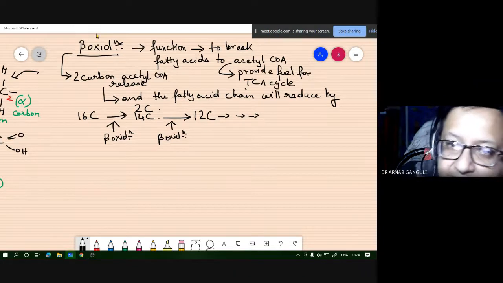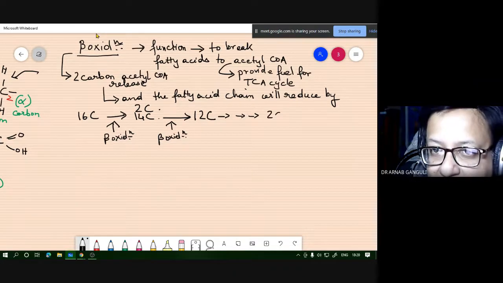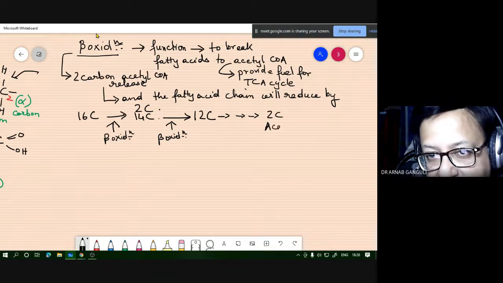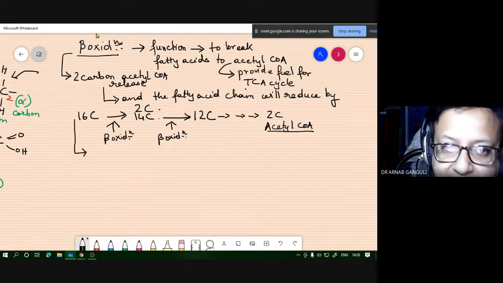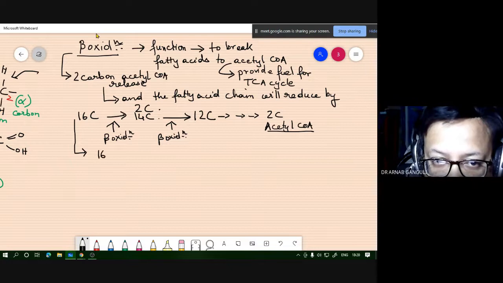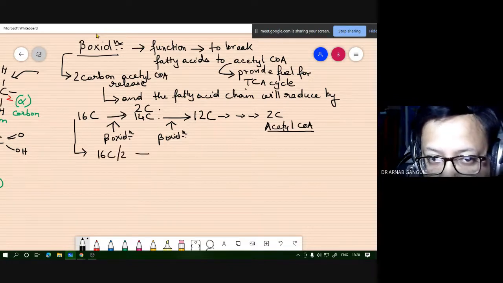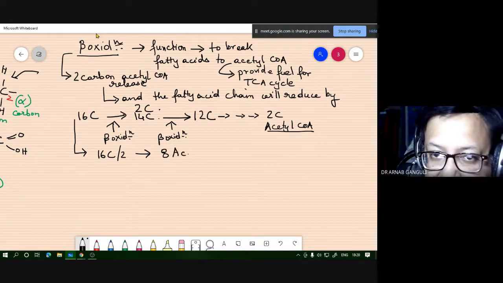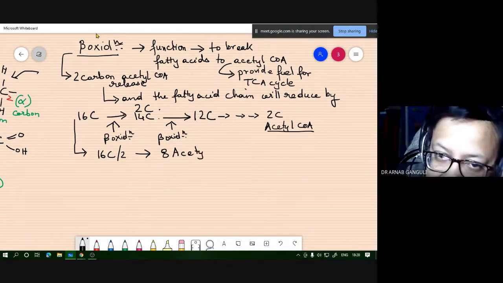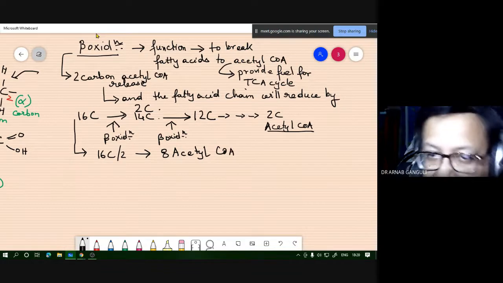Finally, you'll have only 2 carbon acetyl CoA produced. So, total from 16 carbon, you can expect 8 acetyl CoA released.